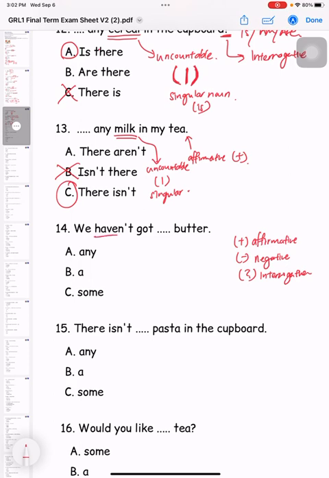The sentence is actually negative because we haven't got means we have not got. So if this is a negative sentence, right, we gotta use any. Any is for negative and also interrogative. So when this is a negative sentence, we gotta use any.